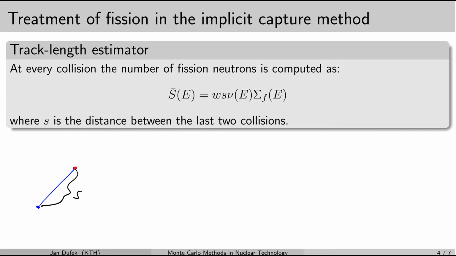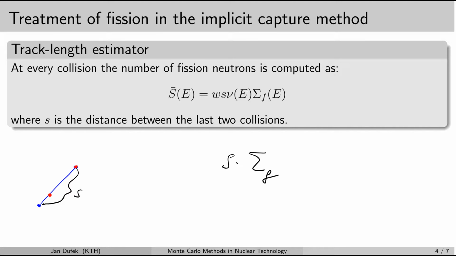So when you multiply this with the distance between the last two collisions, the product of S times sigma F will give you the expected number of fission reactions along the path from the last collision to the current one. So this way the track length estimator actually tries to minimize the random noise which is coming from sampling of the distance between two collisions.